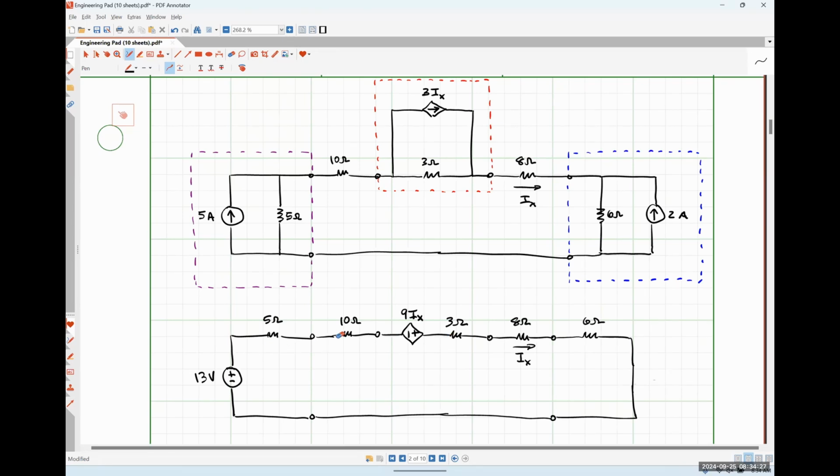So let's see, that's 15 plus 9 is 24. And now we have that joke of a circuit to analyze, right? So those source transformations can be used in special cases to simplify circuits.